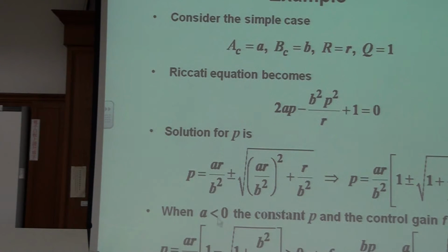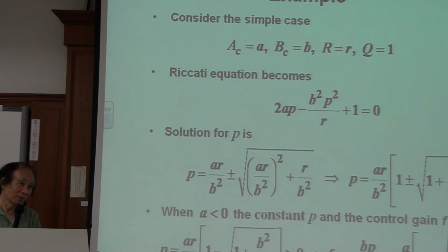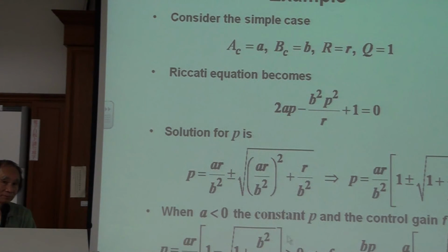Now, if A is positive, then the positive sign will be the one to use. If A is negative, then the negative sign is the one to use. So this solution depends on whether A is positive or negative.